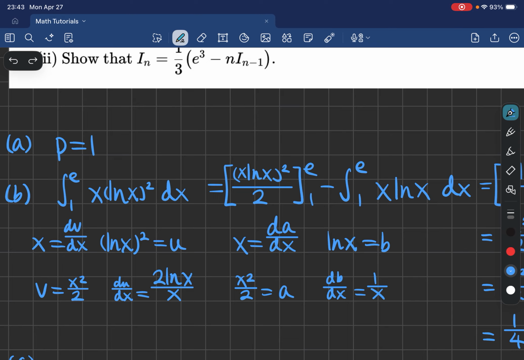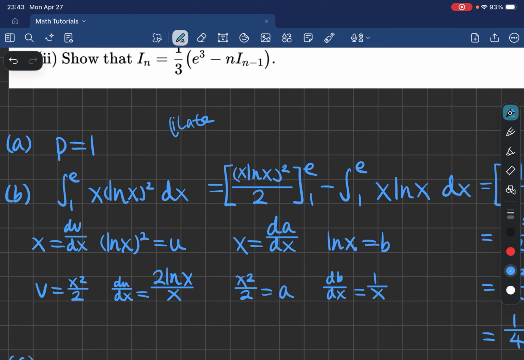We use integration by parts when we have a product of functions, right? Now we have x times ln x to the power of 2. So we have to set one to be u and one to be dv. And remember the rule called ILATE?